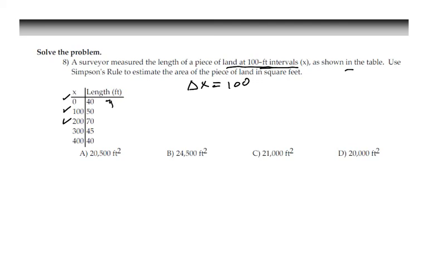And we already have the lengths of y0, y1, y2, y3, y4. And so the area of the land is going to be 100/3 times y0 plus 4y1. I usually write down the formula so I can keep up with what everything is.